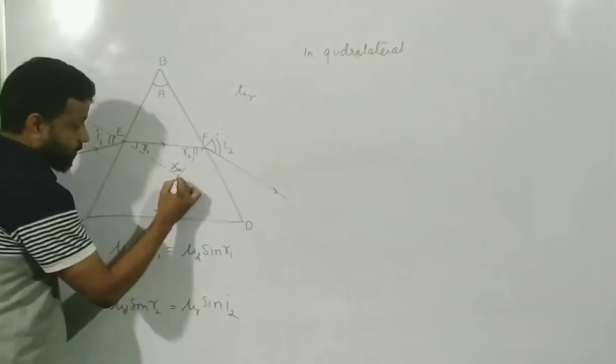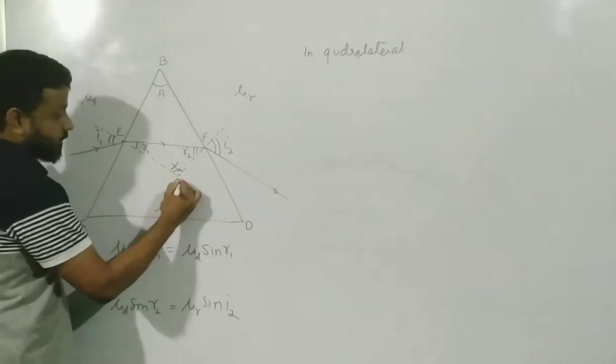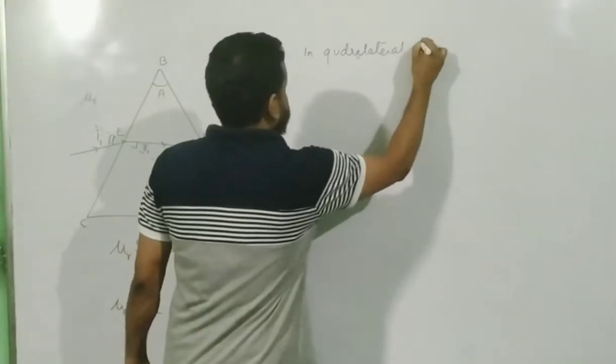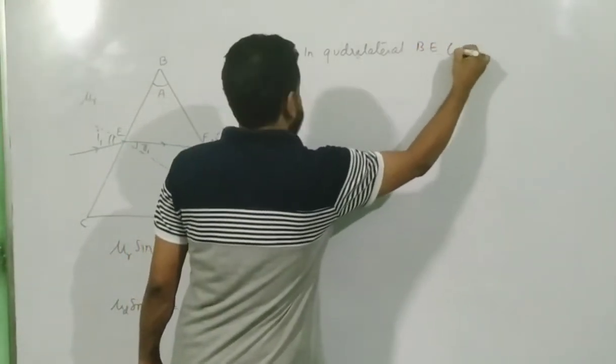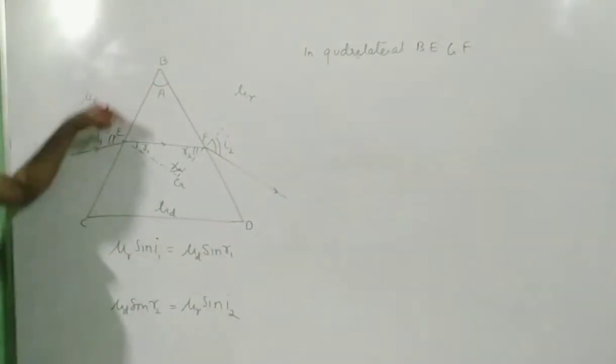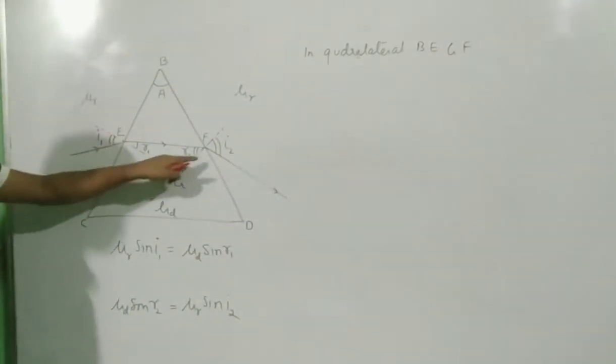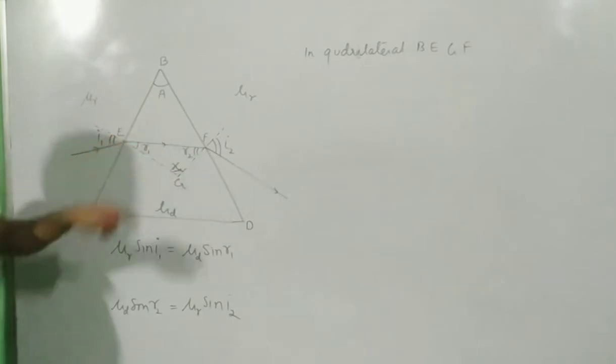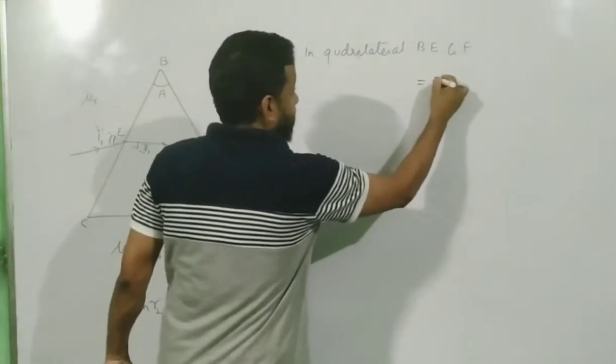I have to name this point G also. So in quadrilateral BEGF, the sum of all the angles must be equal to 360.